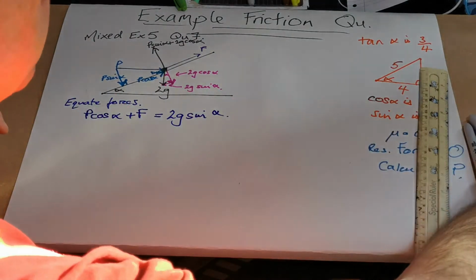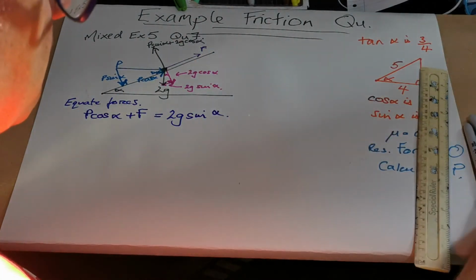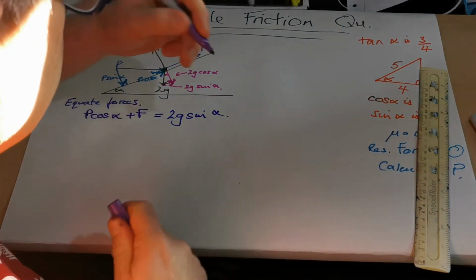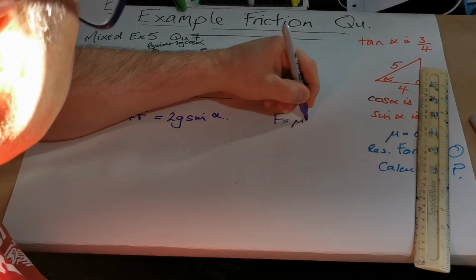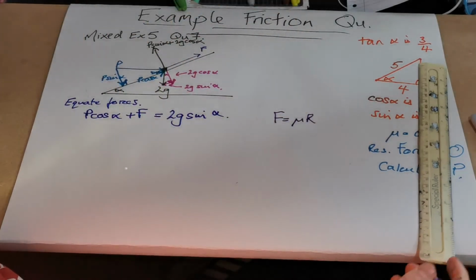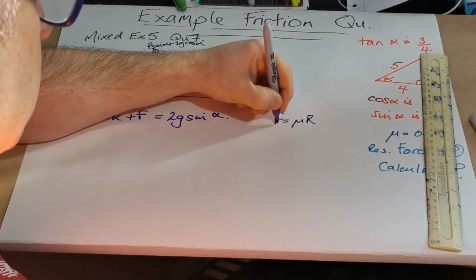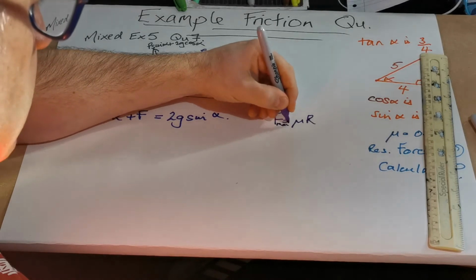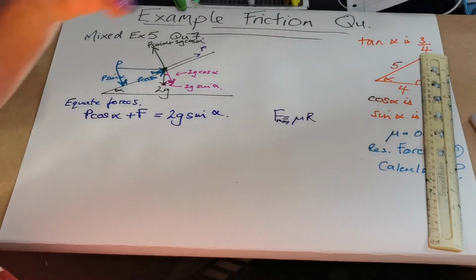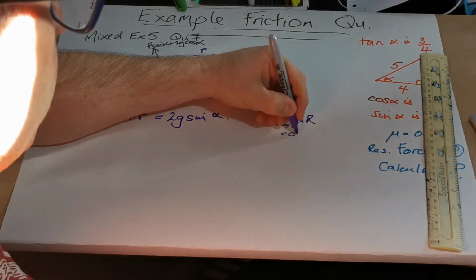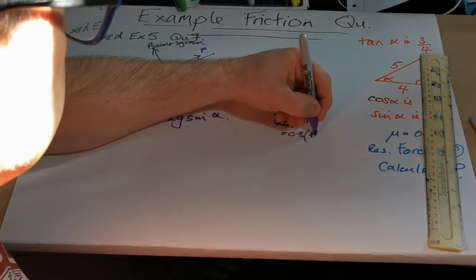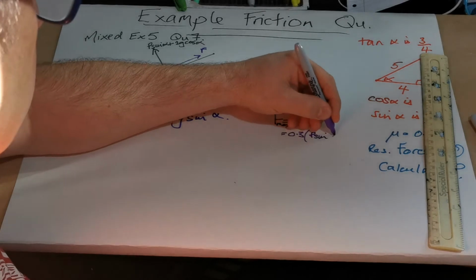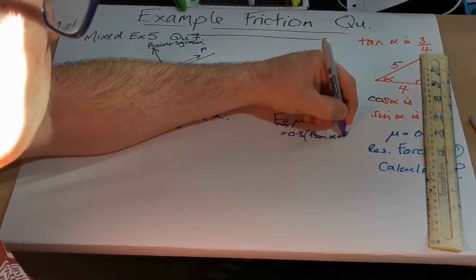Now, as an aside, again, I've got F equals mu R. We know it's moving, it's gone past the limit, so we are now at maximum friction. So that would be 0.3 times P sine alpha plus 2g cos alpha.